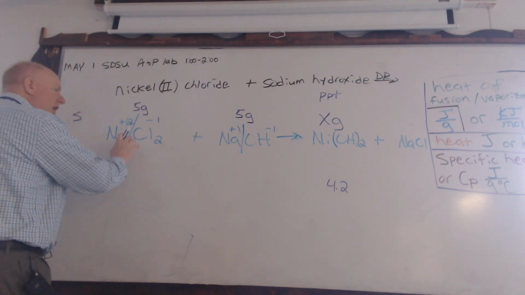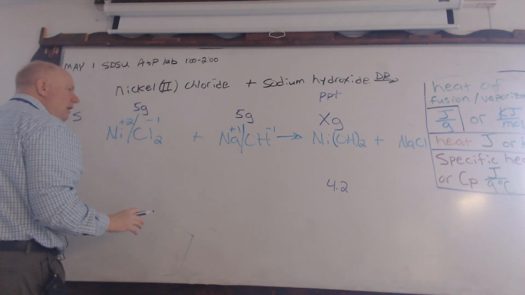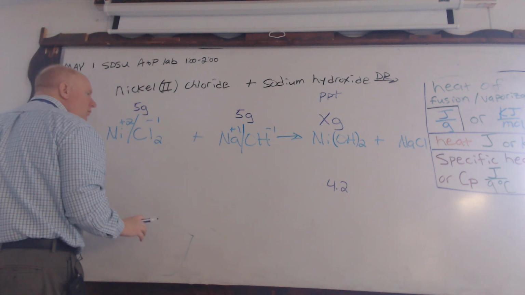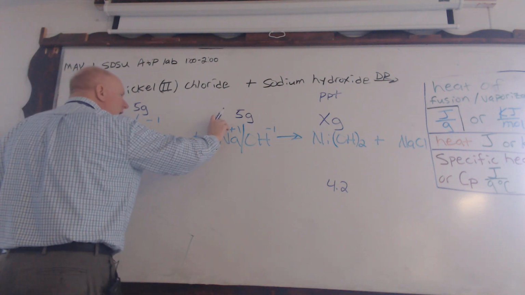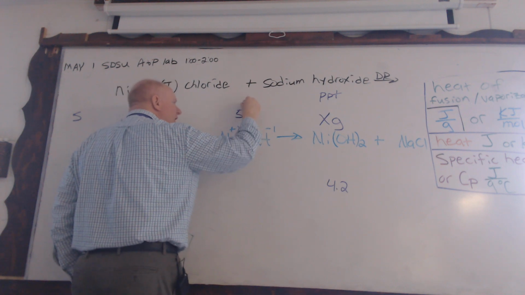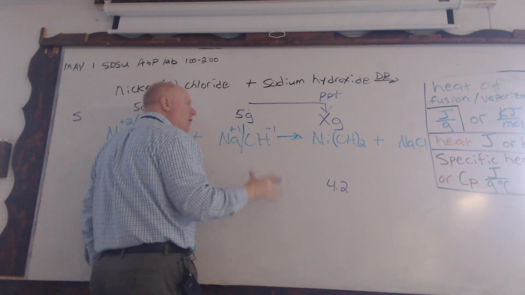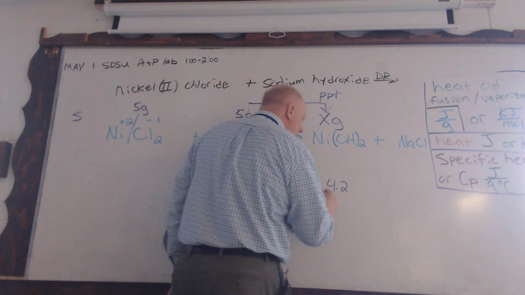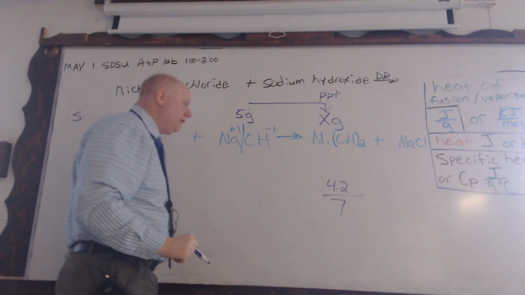Mathematically, you pick one of these two, we'll just say for right now the sodium hydroxide, and you mathematically change this to grams of this on pencil and paper, and on pencil and paper it says, no, you should make about 7 grams, okay?